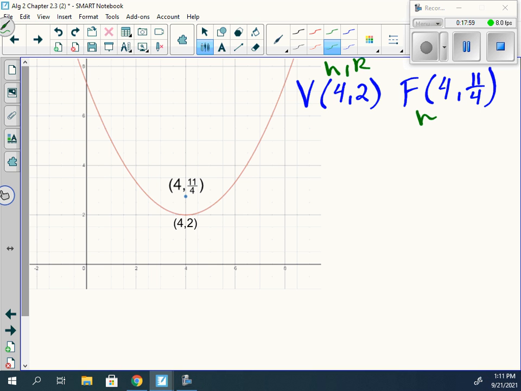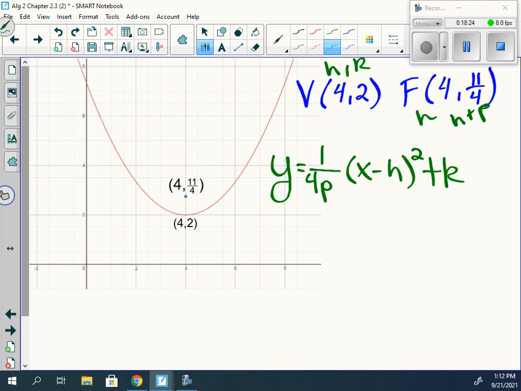So it's really telling me that 4 is our h, and 11 fourths is k plus p. So which general equation would this match up with? The y equals. So our general equation for this here is going to be our y equals 1 over 4p, parentheses, x minus h squared plus k.